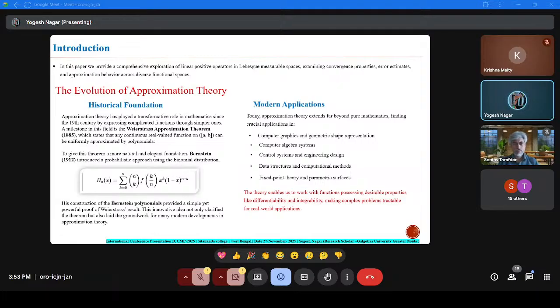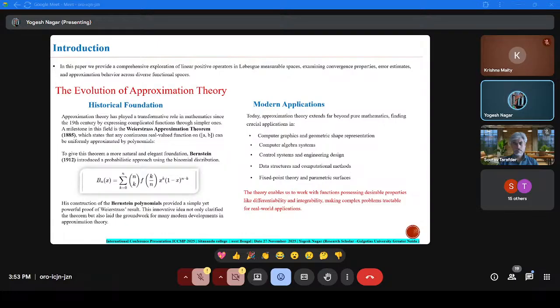Any continuous function on a closed interval can be approximated by a polynomial with arbitrary accuracy. Later, the same result was given a foundation through an elegant probabilistic construction, now known as the Bernstein polynomial, which offered a constructive proof of the Weierstrass result. These ideas laid the groundwork for a wide family of positive linear operators that form the platform for modern approximation.